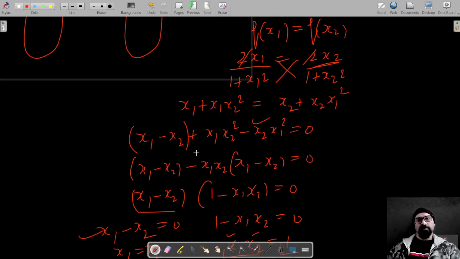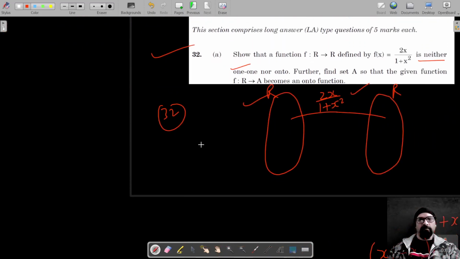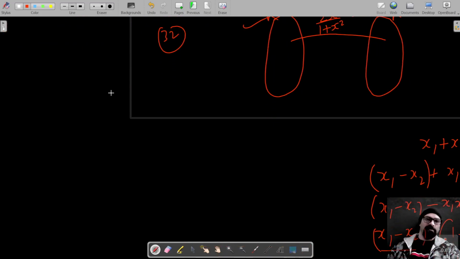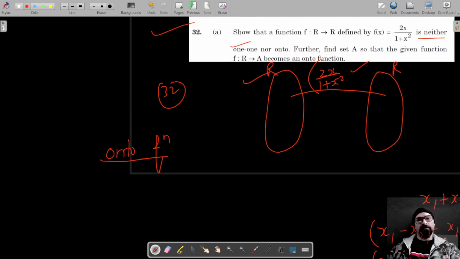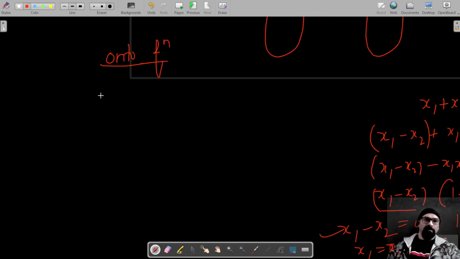Now let's check its eligibility for an onto function. For an onto function, every y should have an x according to this relation. So our function is f of x is equal to 2x upon 1 plus x square.